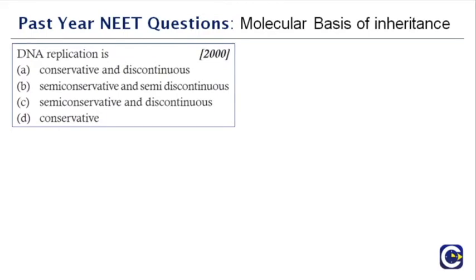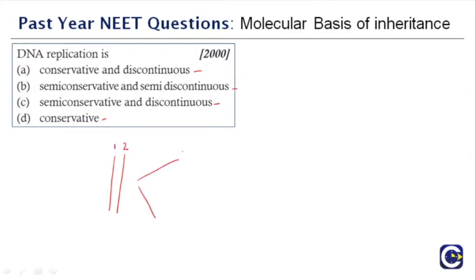DNA replication is what? It is conservative and discontinuous, semi-conservative and semi-discontinuous, semi-conservative and discontinuous, and conservative. So what is the right answer? So whenever there is DNA replication, there are two strands, right? One strand and two strands. And how does the process of DNA replication take place?